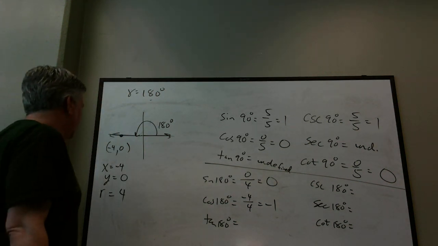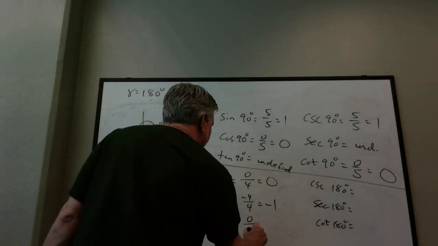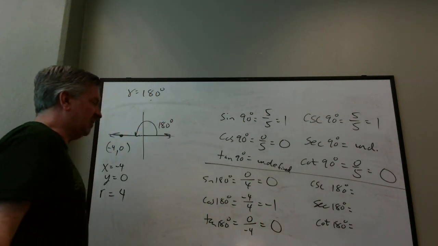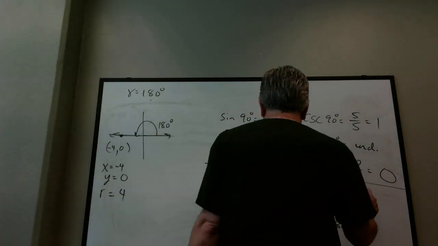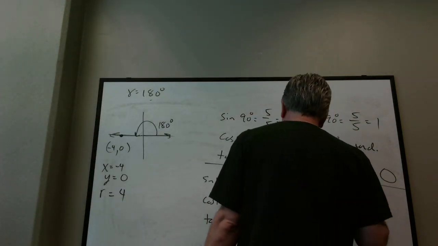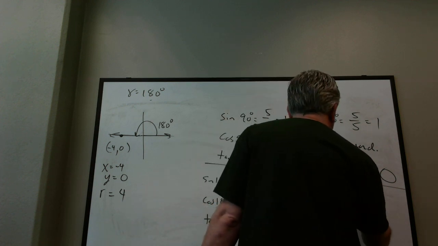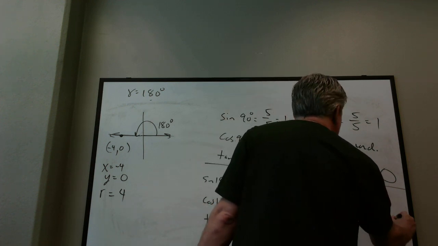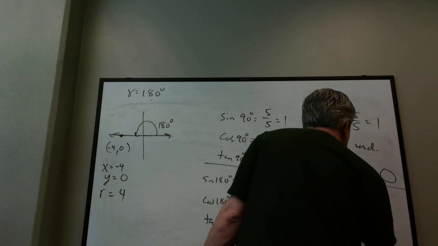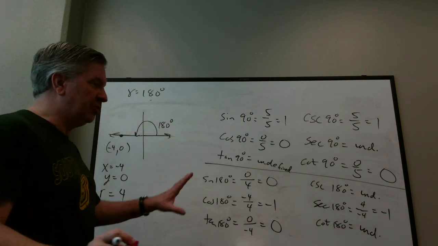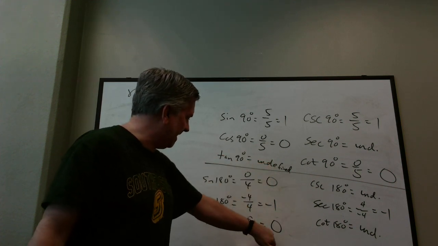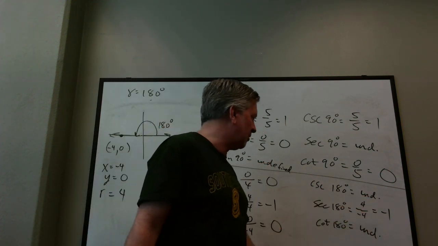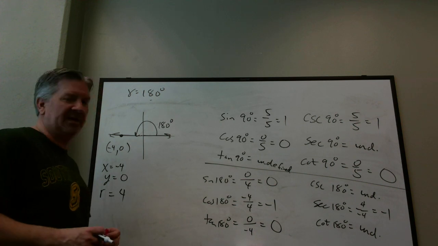Remember, tangent is y over x, so tangent should have been 0. And then cosecant, you're going to get 4 over 0, which is undefined. Secant is 4 over minus 4, which is minus 1. And cotangent is undefined. So once you simplified your answers like I did mine, you should have gotten sine is 0, cosine is negative 1, tan is 0. Cosecant and cotangent are undefined, and secant is negative 1.